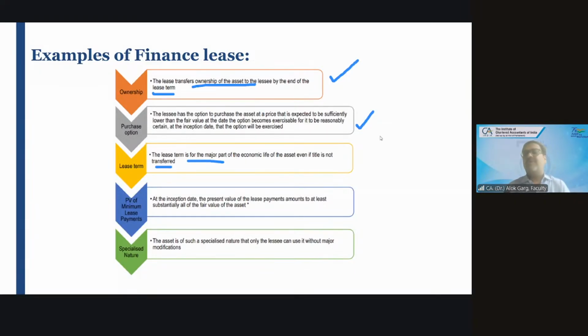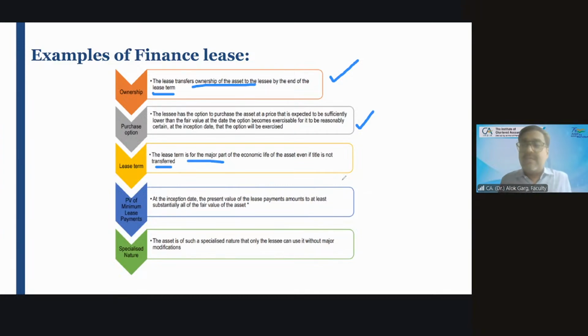Yes, major part. Sir, is there any threshold which is given for the major part of economic life? If in the question it is given that the life of the asset is 15 years and we have taken it on a lease for 10 years, will we consider this a major part of the economic life? The quantitative threshold is not given in the standard, but in US GAAP the meaning of major part of the economic life is given, which is more than 75% of the life of the asset.